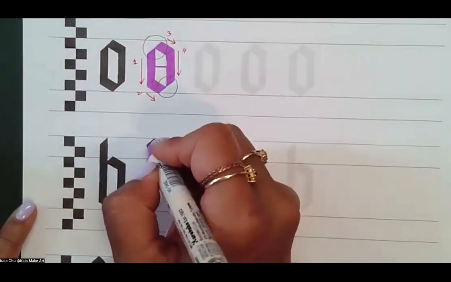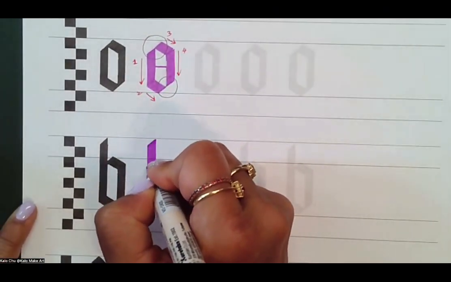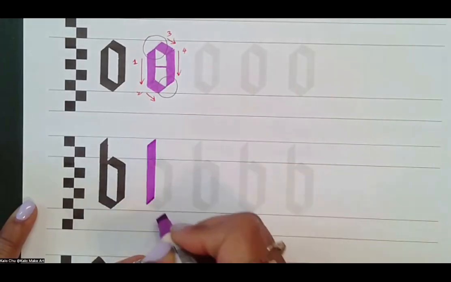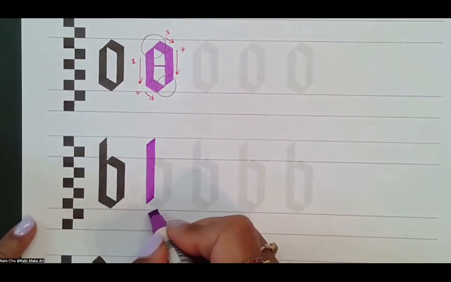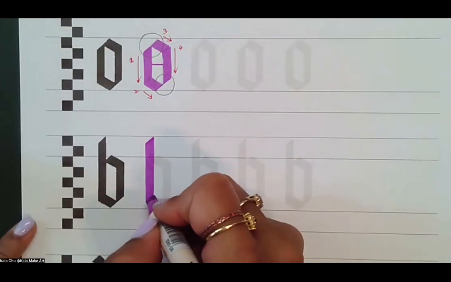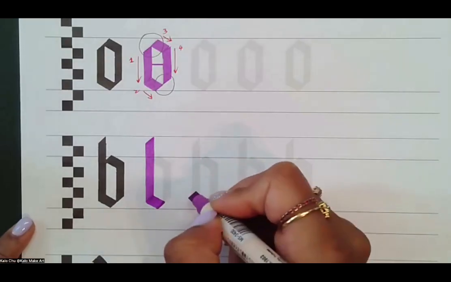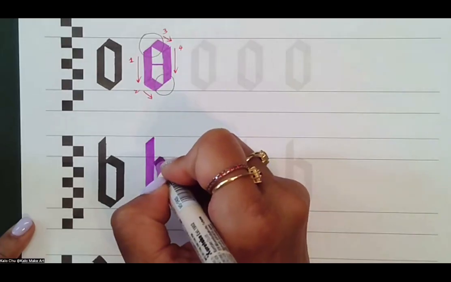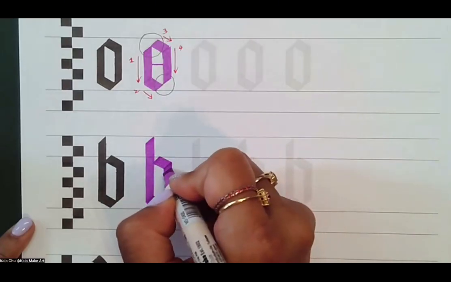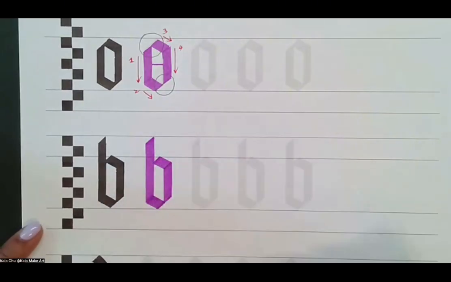Now for B, vertical. Make sure you don't pull all the way down to the baseline because you need to create this space for the lozenge to come down. So count 1, 2, 3, then you have 1, 2, 3, vertical, like that.